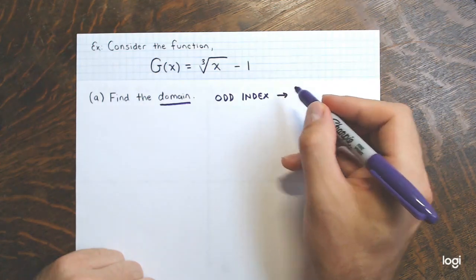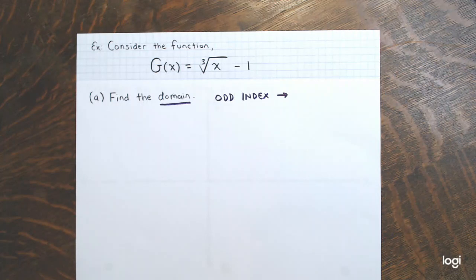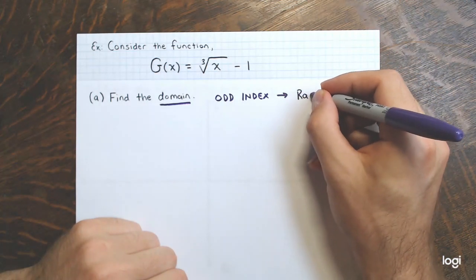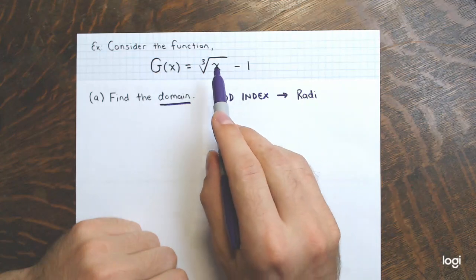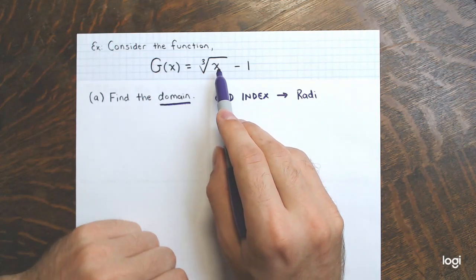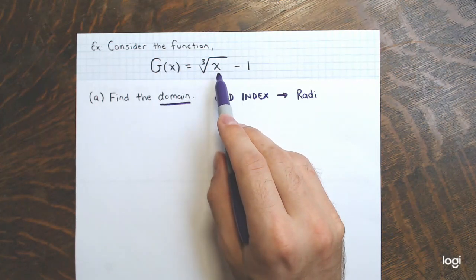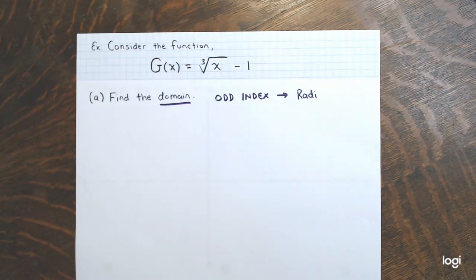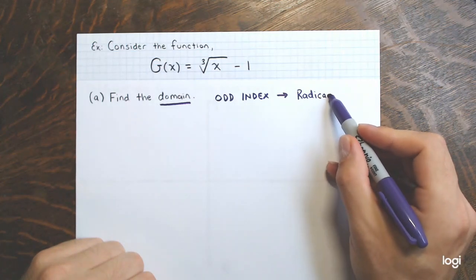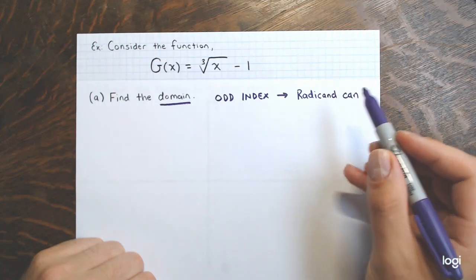And if you've been watching, you'll recall this; if not, I'm going to state it again here. If a radical has an odd index, then the radicand, remember the radicand is just the expression inside the symbol, so that's just x here, a very simple radicand, just one term, x, can be any real number.